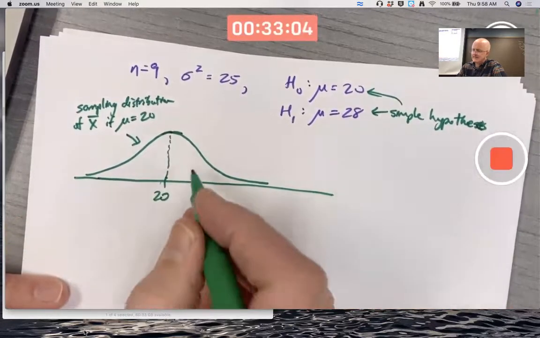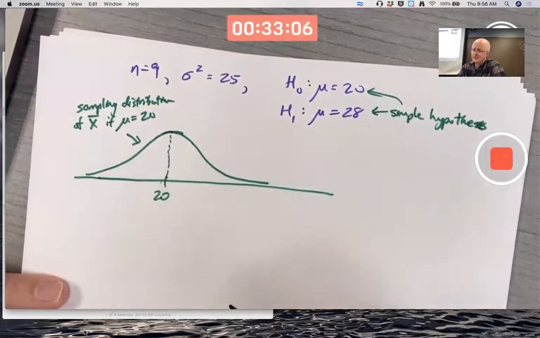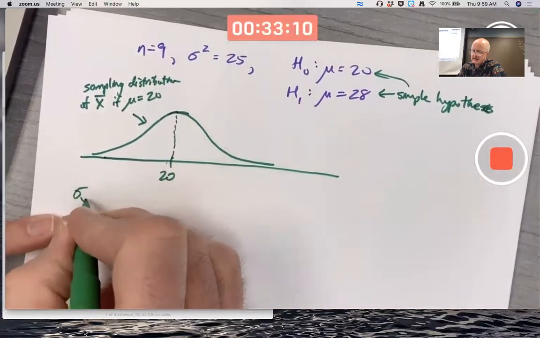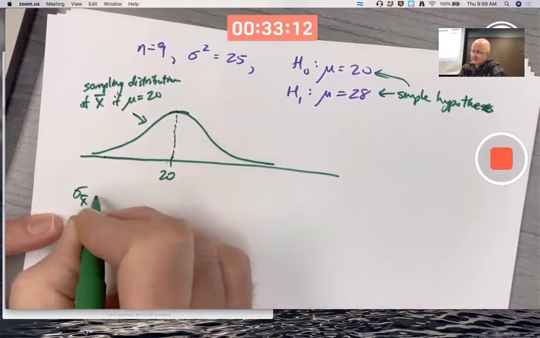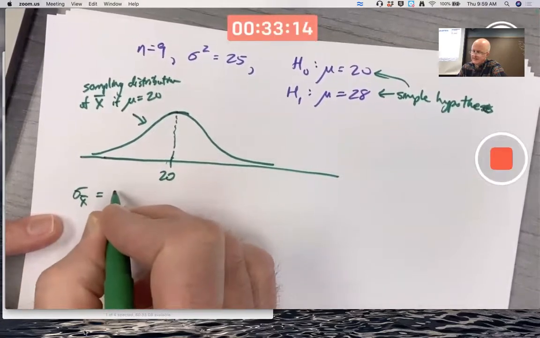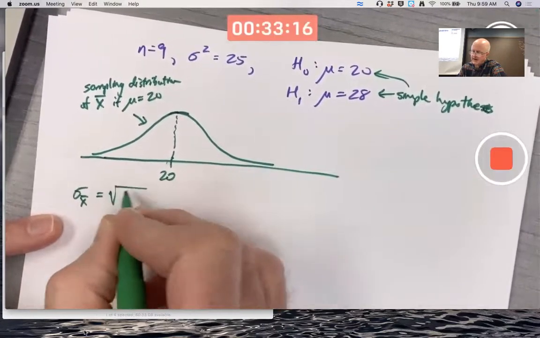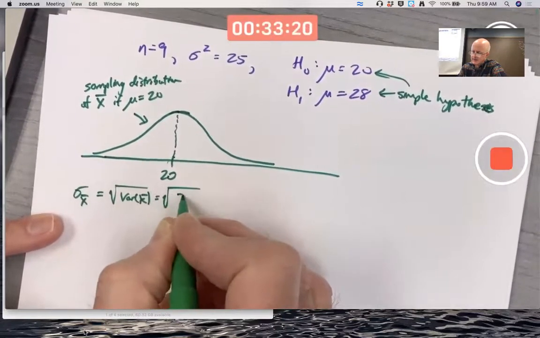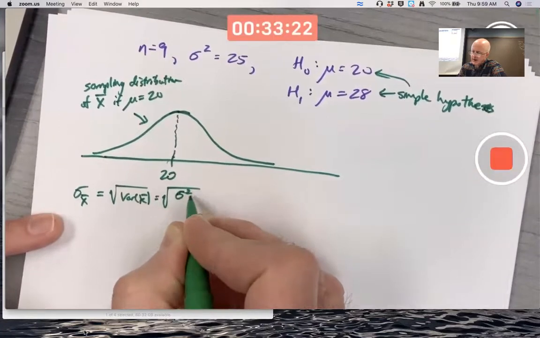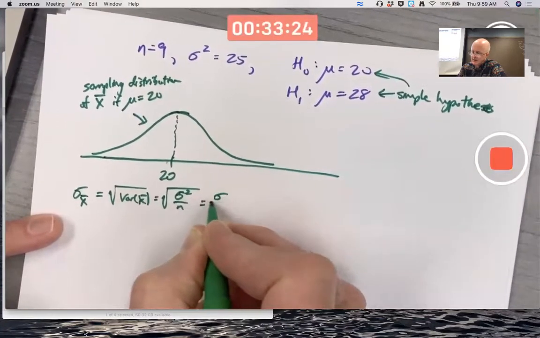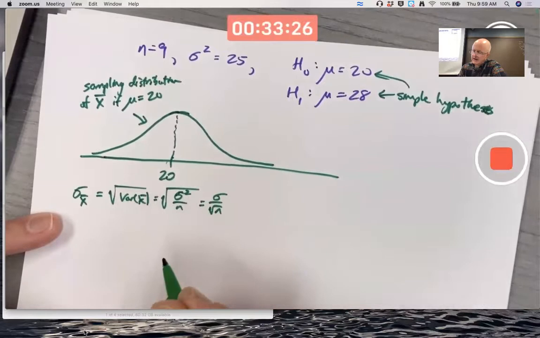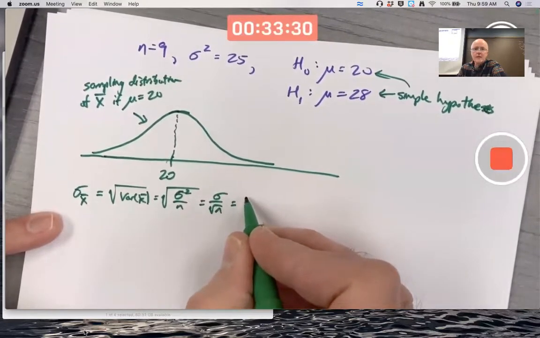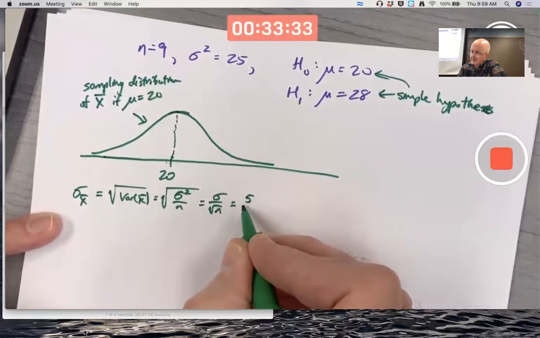What is its standard deviation? What is sigma sub x bar? It's the square root of the variance of x bar, the square root of sigma squared over n, which is sigma over square root of n, and for this problem, that becomes 5 over square root of 9, which is 5/3.